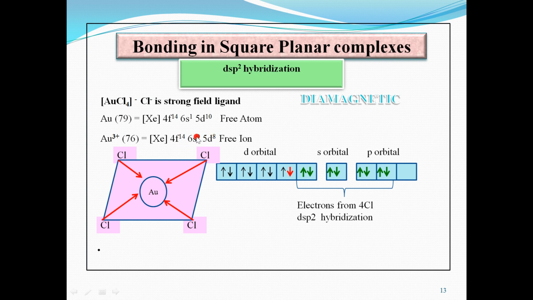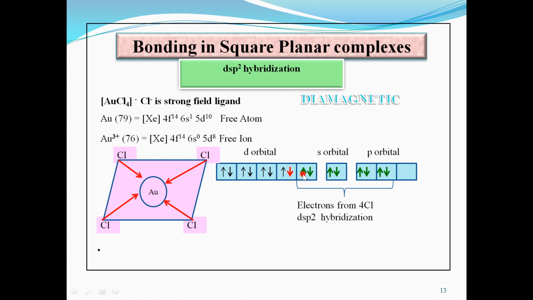So there is loss of electrons from the s shell and the d orbital. In the excited state the electrons will pair up in the previous d orbitals, making one d orbital vacant for the occupation of the electrons of the chloride ions.